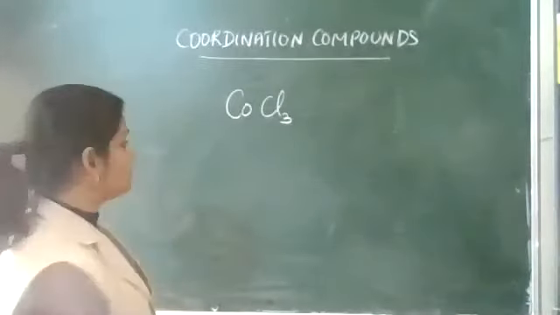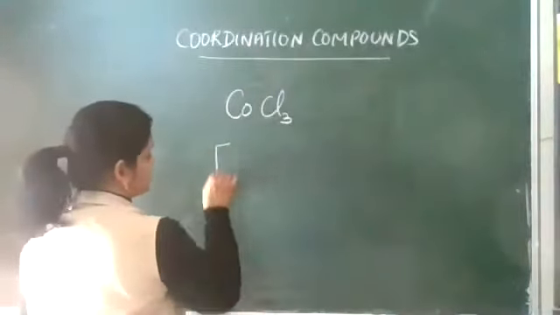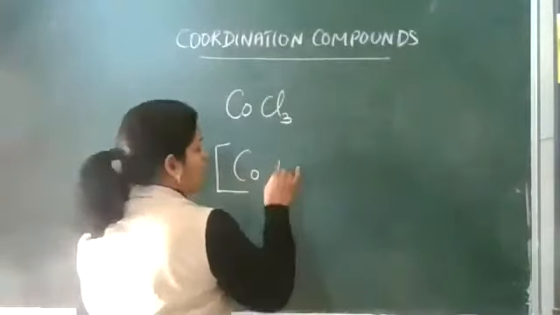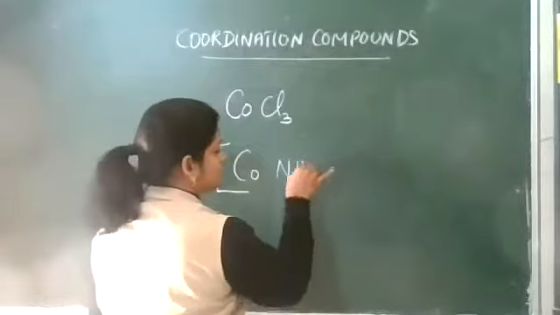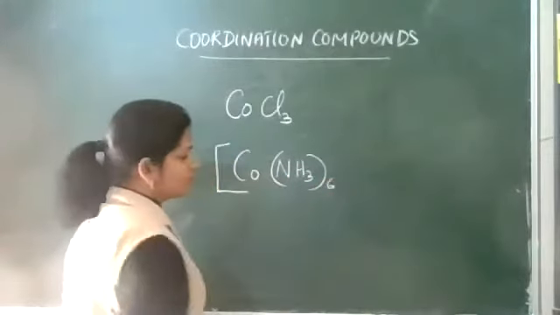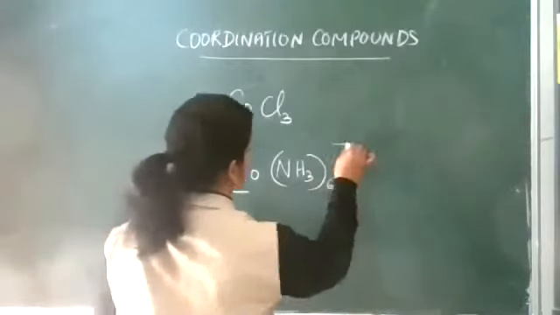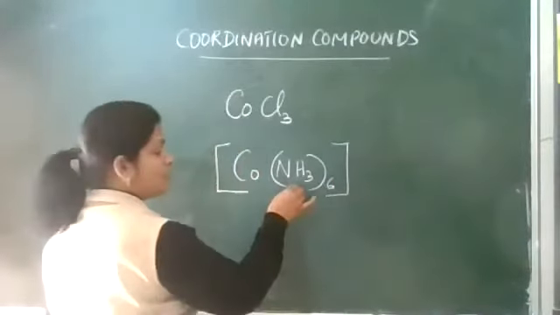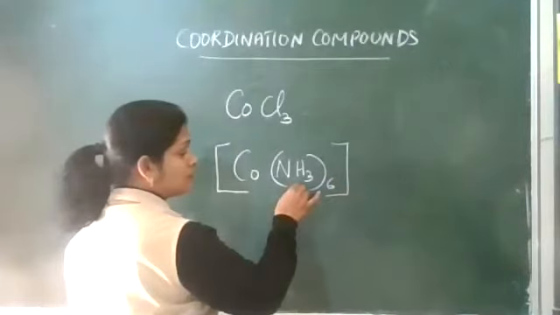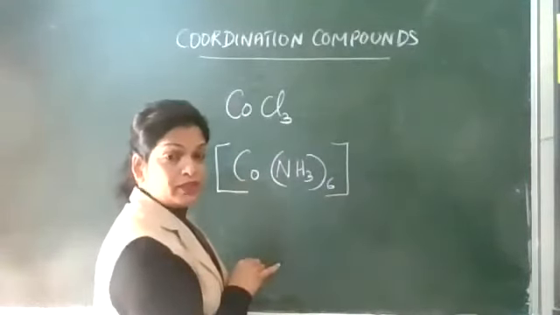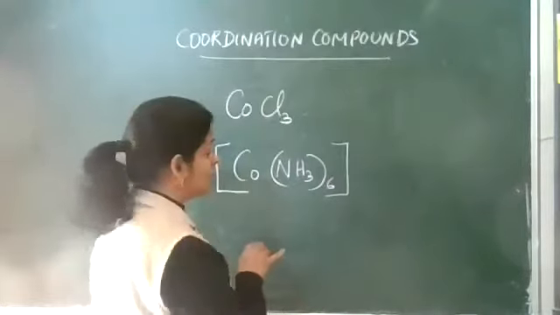Now I am going to write a compound. You will see in square bracket Co, which is connected to 6 ammonia. Ammonia is neutral.